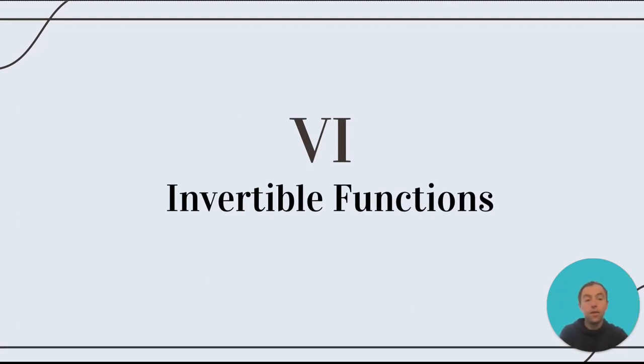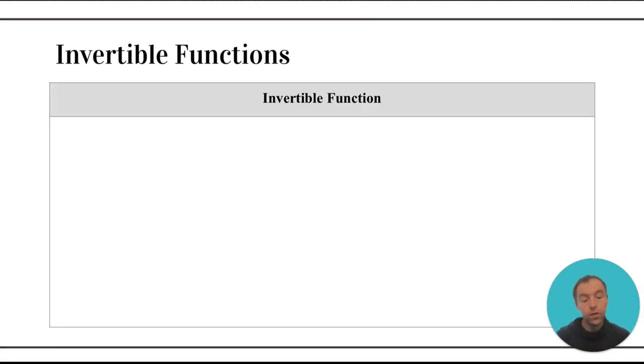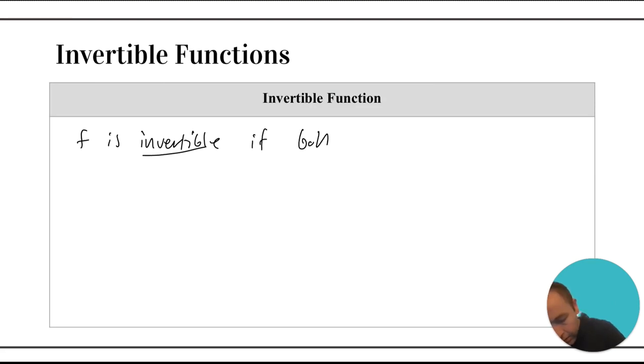And then the last idea to bring everything all together is the idea of invertibility of functions and what it means for functions to be invertible. So you can say that f is an invertible function if both f and f inverse are functions.